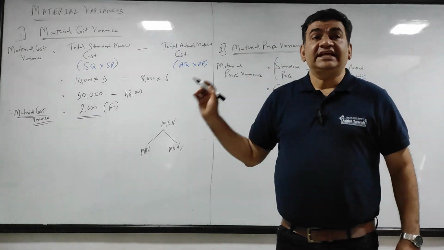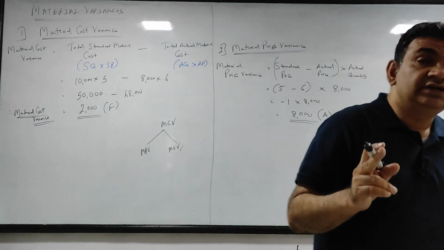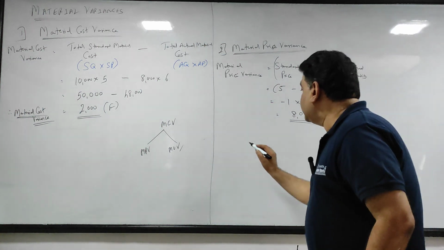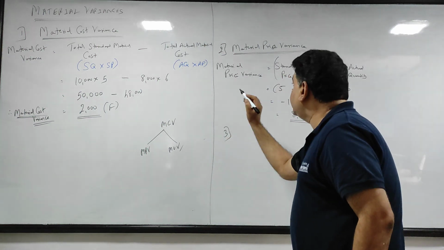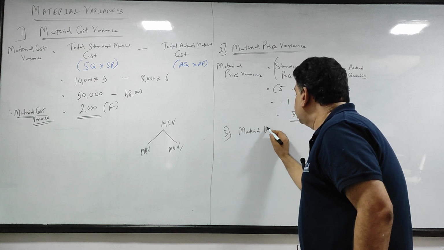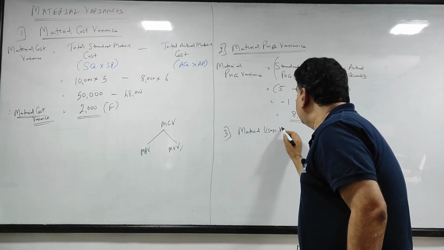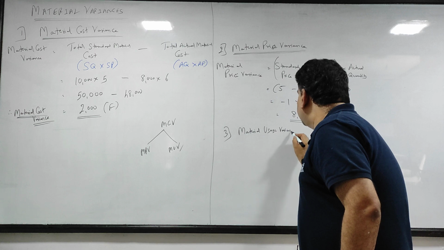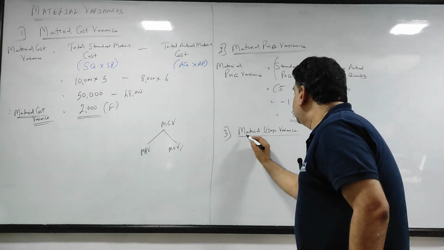Now let's take the next one, usage. Getting it? Now see, understand this, you'll get the concept. So the next is material usage variance.